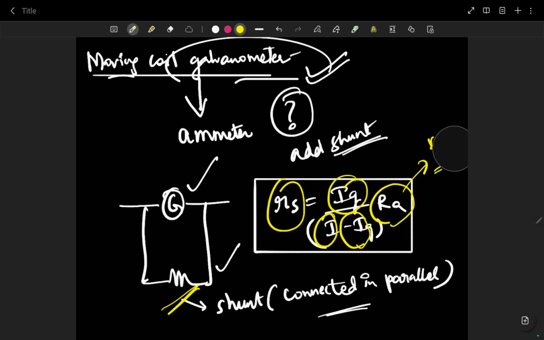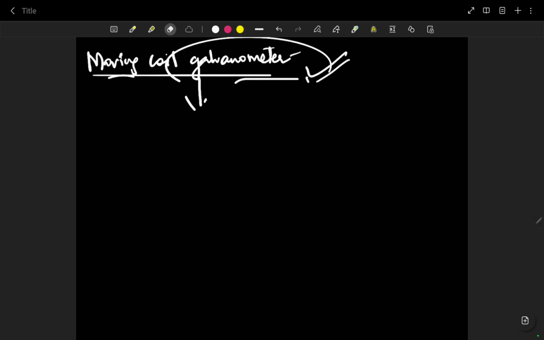I think writing RG over here makes more sense, right? So a very small value of RS should be included in that parallel connection to the moving coil galvanometer in order to make it an ammeter.